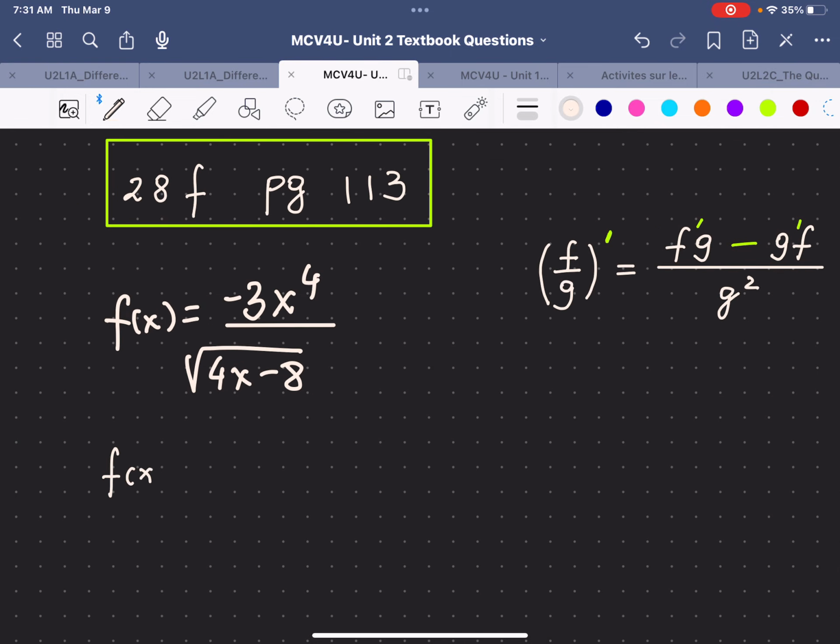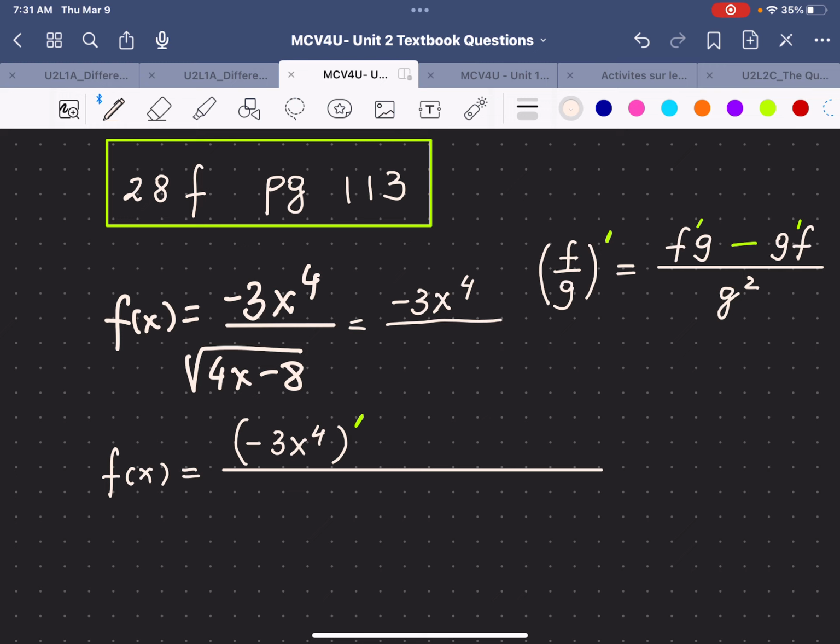So we have f prime of x equals a big fraction line, and we have negative 3x^4. That would be our first term, which is differentiated, so the derivative. And then we multiply by the denominator. To make it easier, what you want to do is prepare the equation for differentiation first, and what we mean by that is convert the radicals into rational powers.